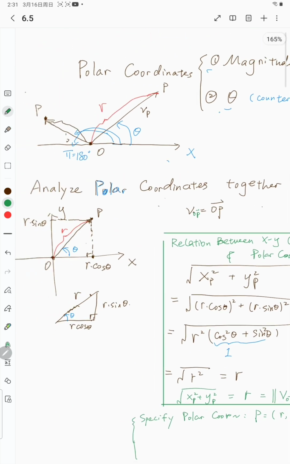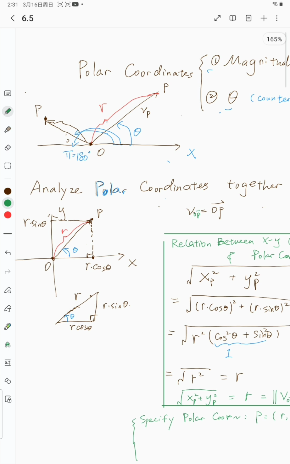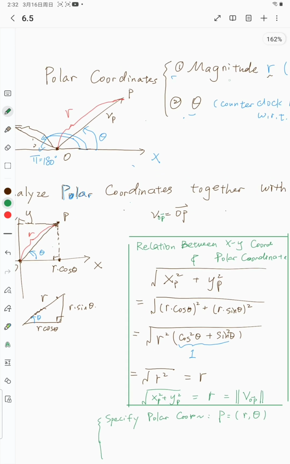One is the ray. Just look at this picture. One is the ray r, and also which direction it points gives us theta.